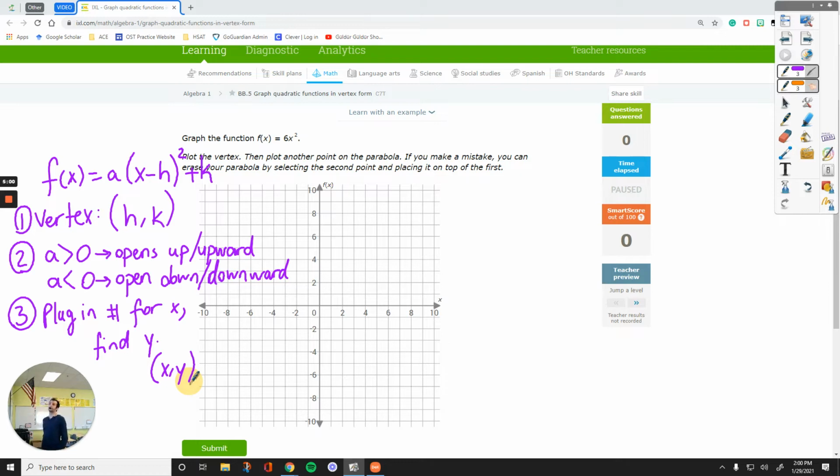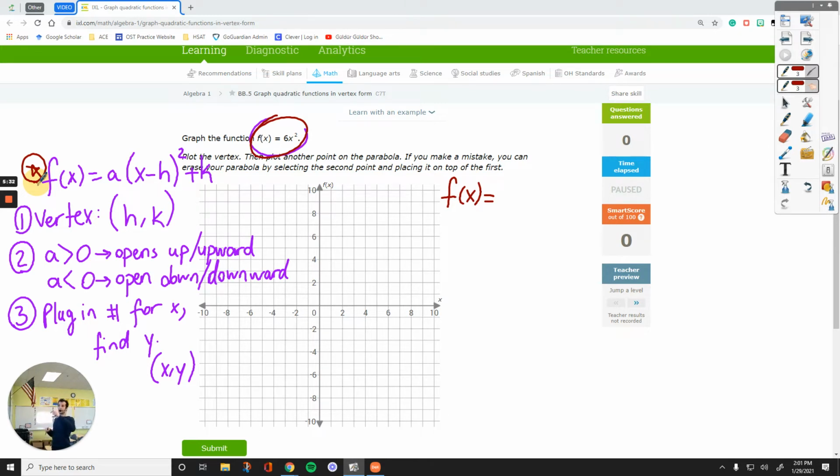Now let's get started with this given expression. Our function equals 6x squared. Let's start with that. I'm going to make it look like the general form over here. I have a number in the general form, the one with the star on the left side.